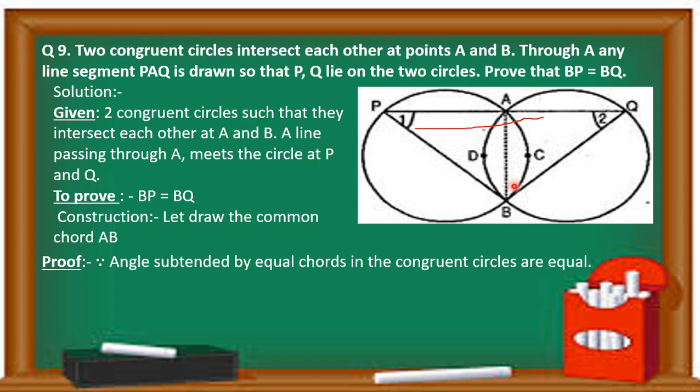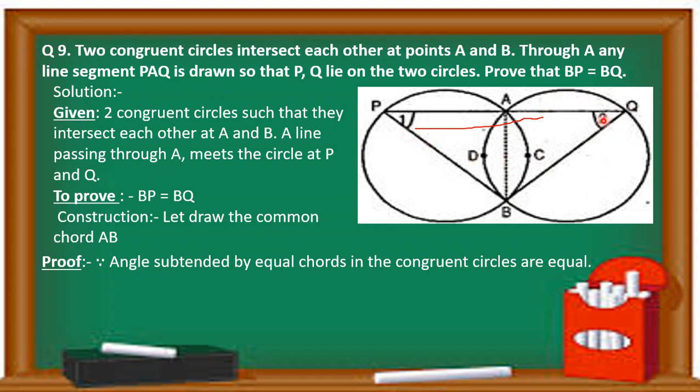So AB is the chord for the first circle, and as the circles are congruent, AB subtends angle 1 at point P, as well as this chord AB subtends angle 2 at point Q in the second circle.